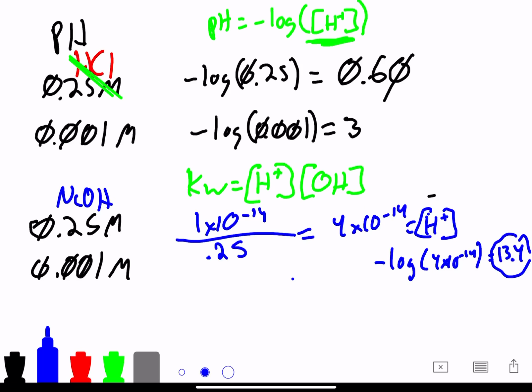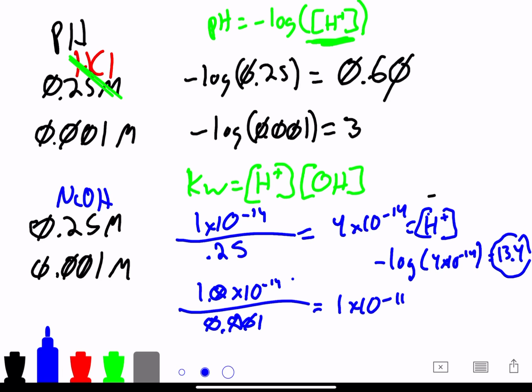The next one's going to be the same way. It's going to be 1.0 times 10 to the negative 14th divided by the concentration of OH, which, because NaOH is a strong base, can be 0.001. And 1 times 10 raised to the negative 14th divided by 0.001 is equal to 1 times 10 to the negative 11th.